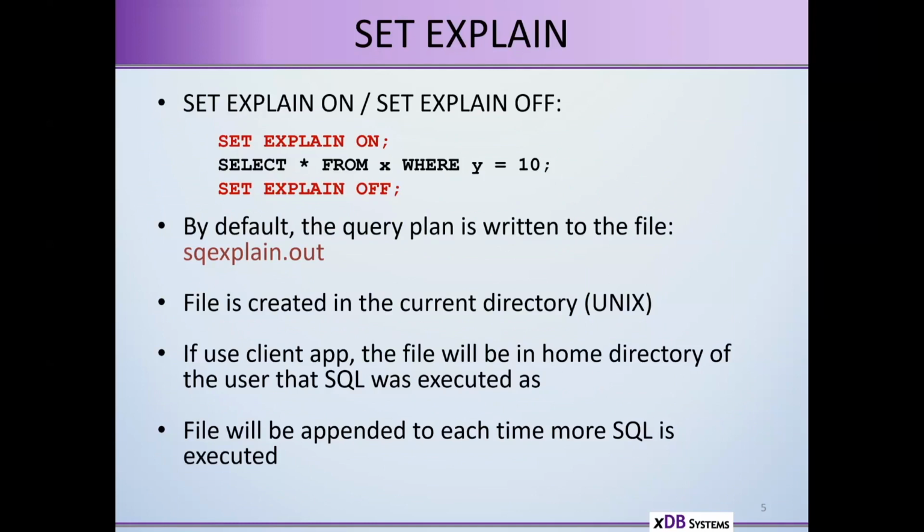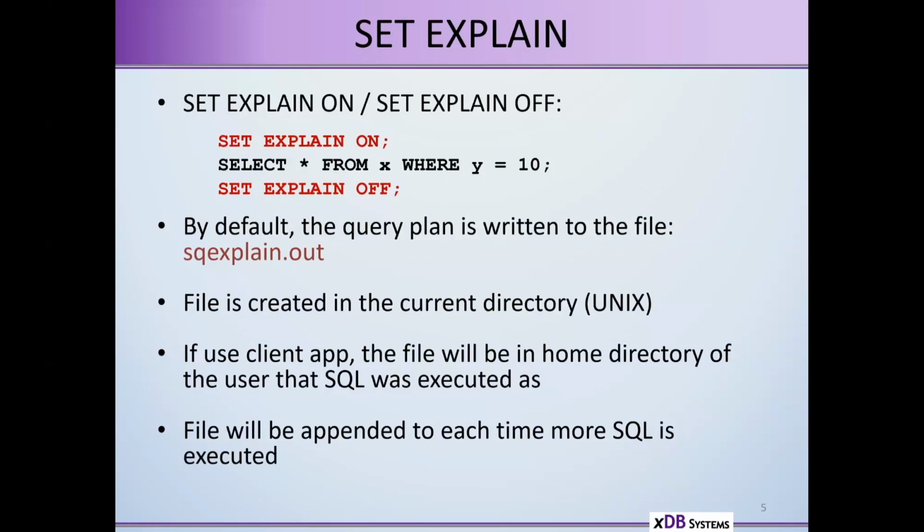So if we've got a simple query and we want to just grab the explain plan for it, we'll issue the statement set explain on. So as soon as that statement is executed, from then on, for all the SQL that we run, an explain plan will be generated and will be saved off. That'll happen until we end our session or we issue a command set explain off.